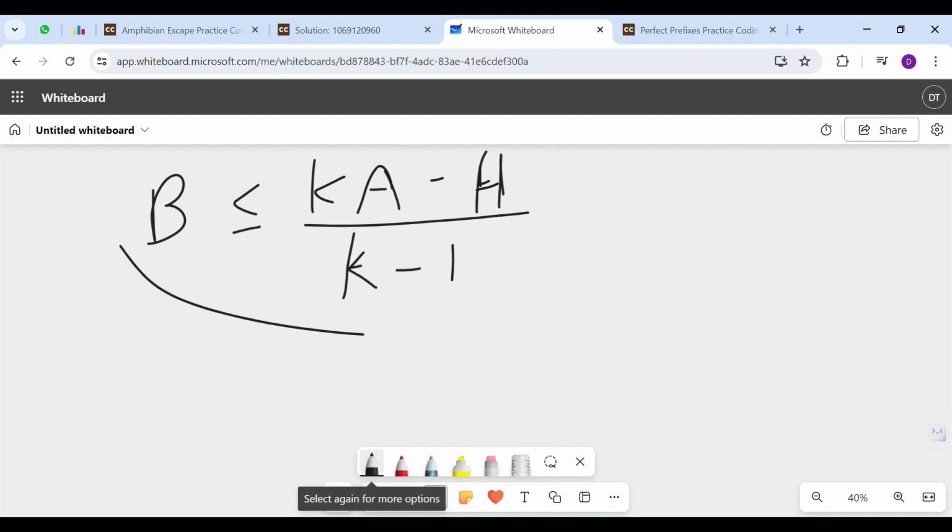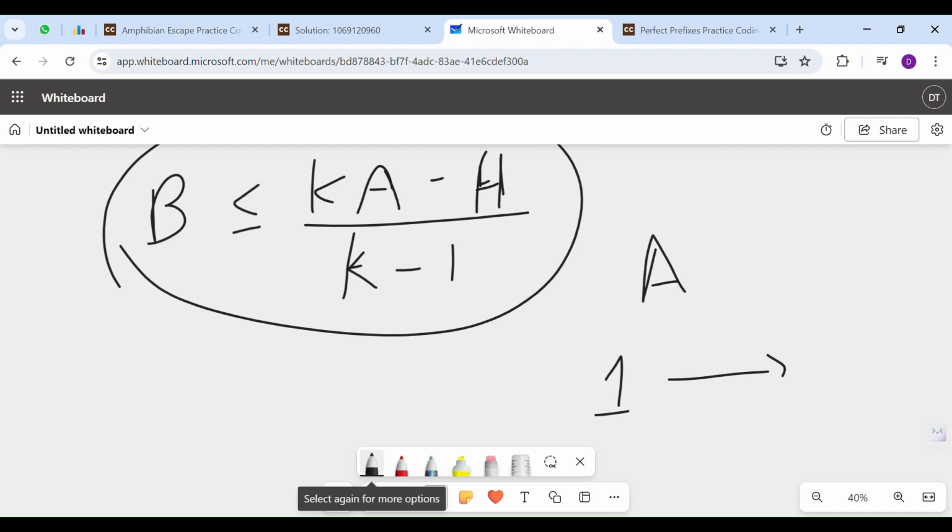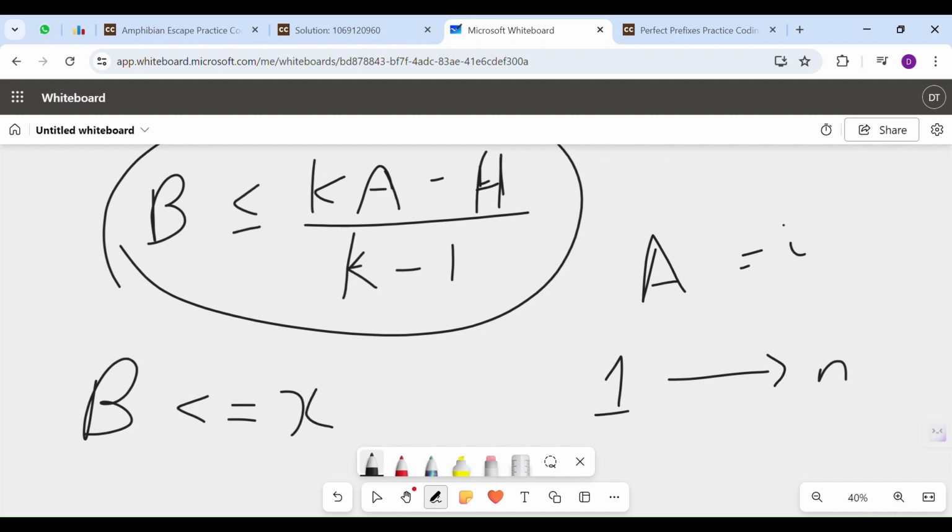Okay, so we have found this equation: B is less than or equal to (KA minus H) divided by (K minus 1). So if I am iterating A from 1 to N, and at some point A is equal to I, I will substitute the value of A in this equation and find the value of B. Suppose B is less than or equal to some value X. Then 1, 2, 3 up to X will be the possible values of B which satisfy this equation.